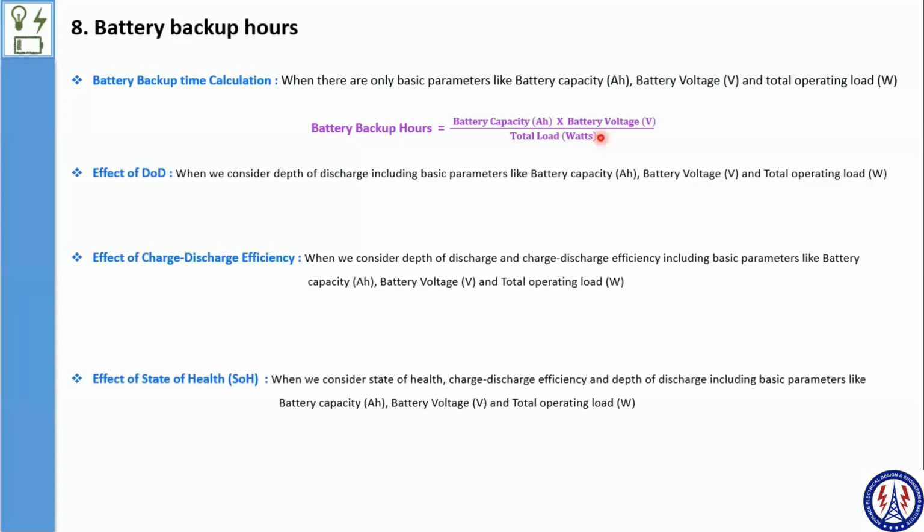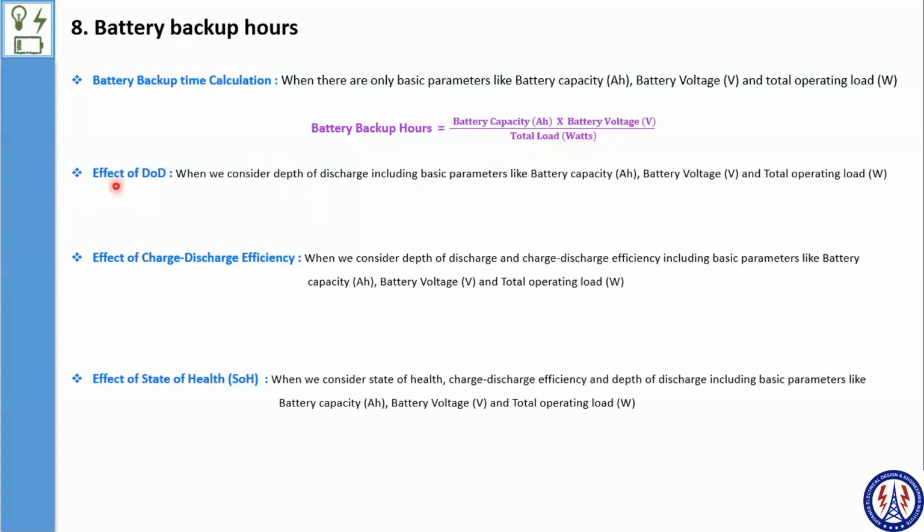Are you sure, guys? You need to know the effect of depth of discharge, how to calculate it. Effective hours, I want to calculate.